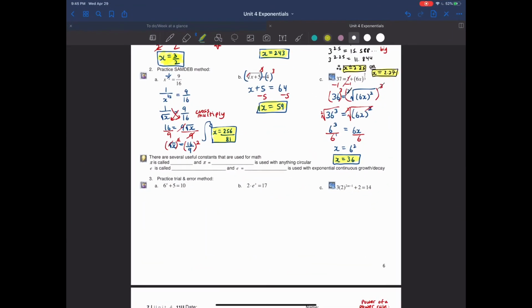On to our lesson. And so pi is called pi. I mean, that's how you write it, and then this is how we say it. And pi is 3.141592654. It is used with anything circular, right? And I gave you that circular background, all right? So e is called Euler's constant.